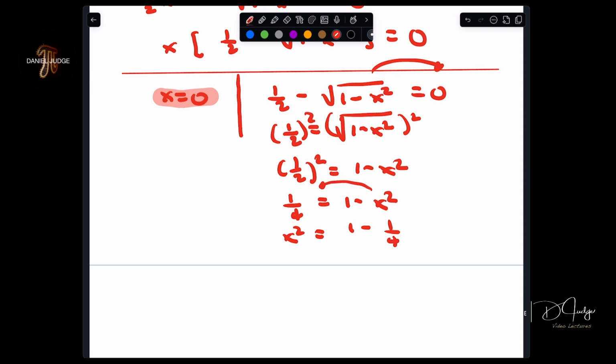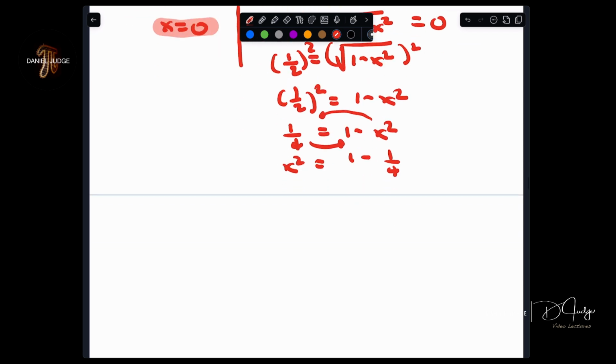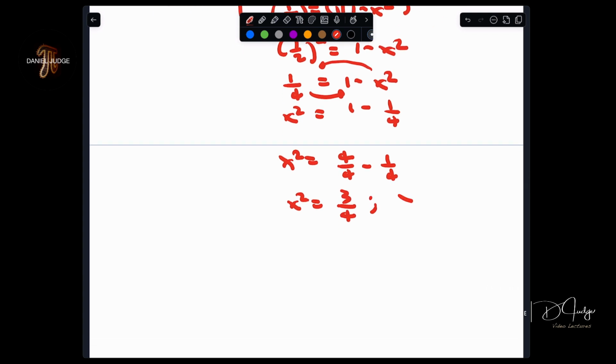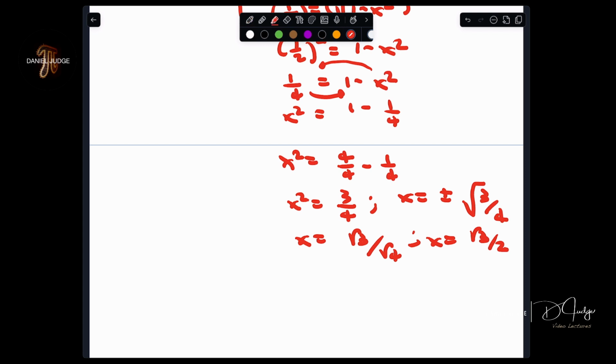If I move terms to the other side, that means x squared will be 4 over 4 minus 1/4. We're going to do some arithmetic. Or x squared will be 3/4. So by the square root formula, x is plus or minus the square root of 3/4. x is the square root of 3 over the square root of 4, or x is the square root of 3 over 2 now.